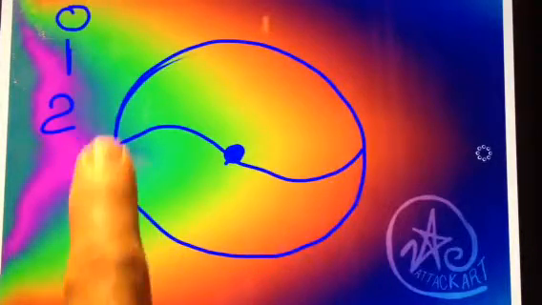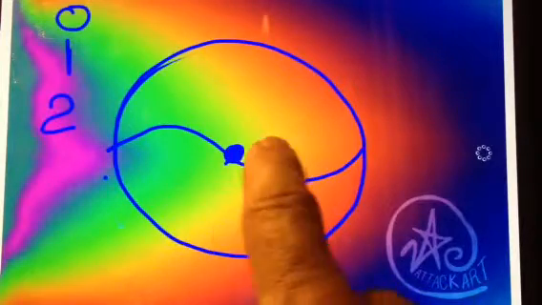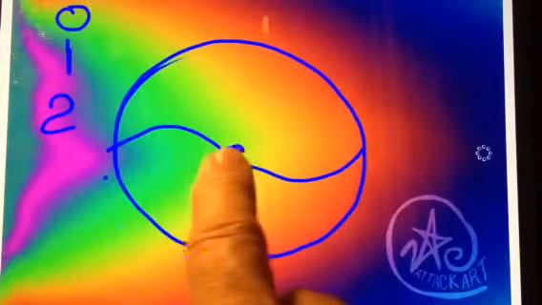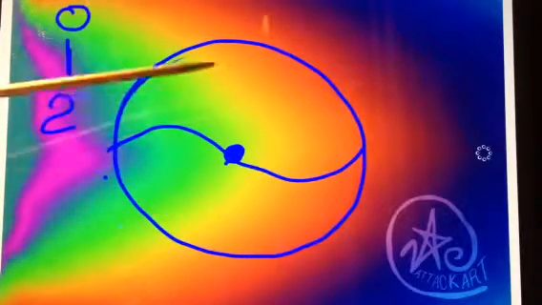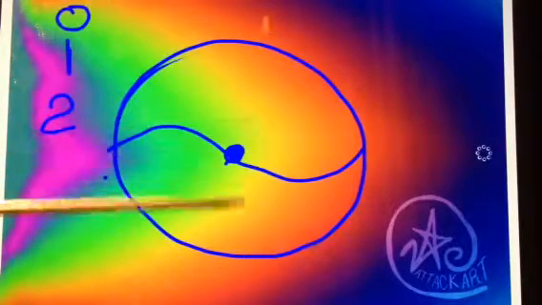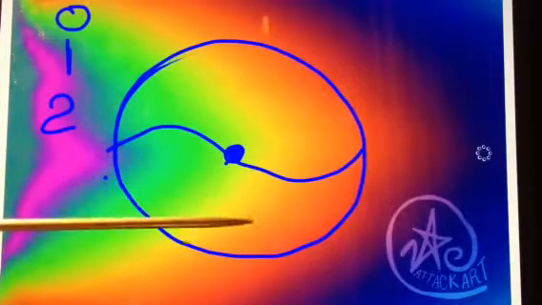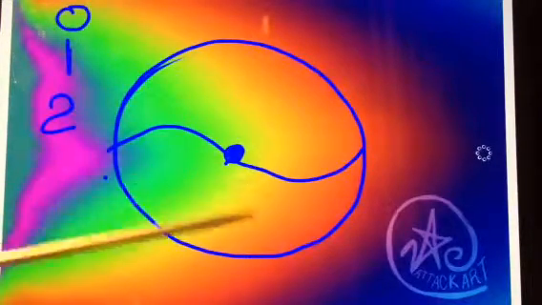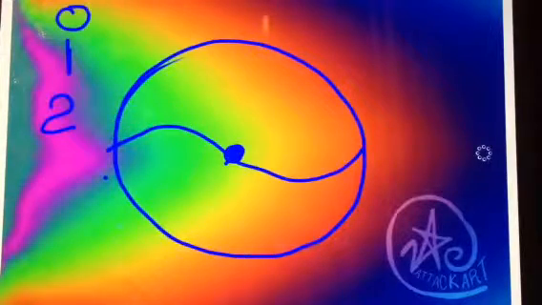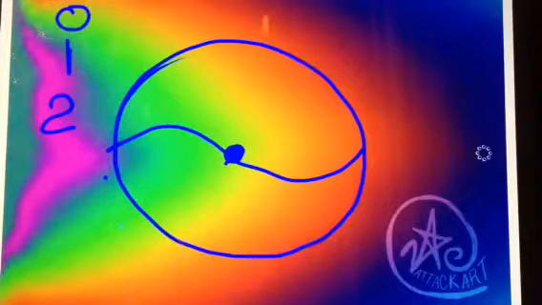In astrology, it's also the sun glyph, this circle and the dot. But now if you divide this in half, you get yin and yang, day and night, inside and outside, the mind, the physical world, black, white, female, male, things like that, those kinds of divisions.